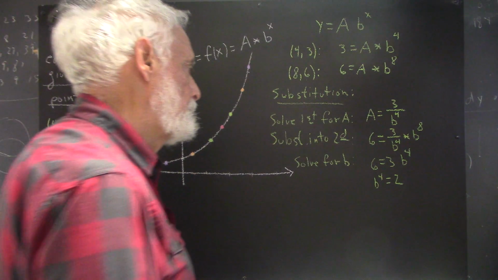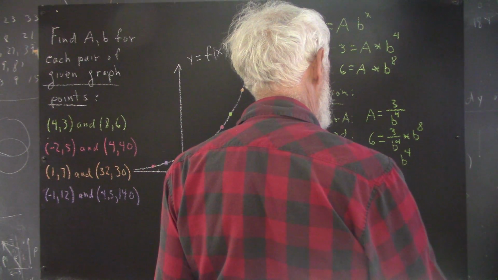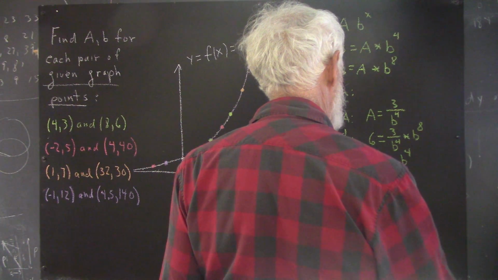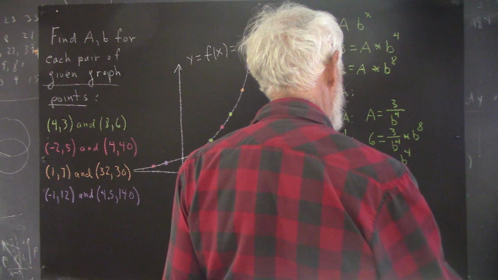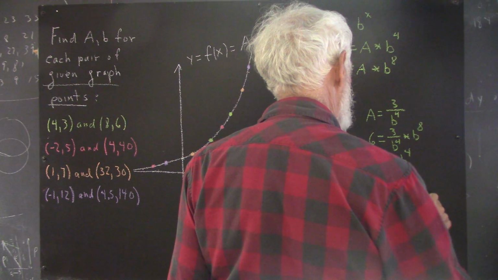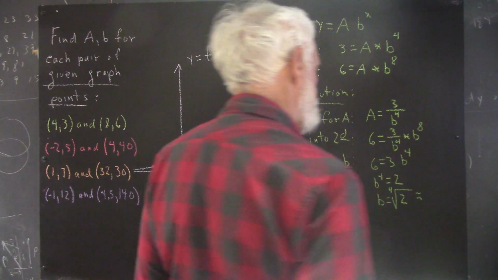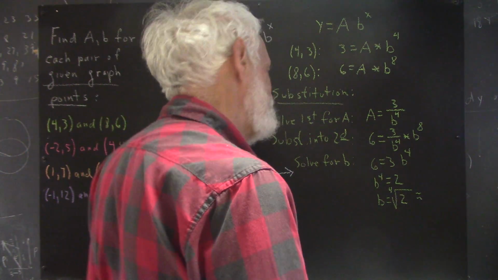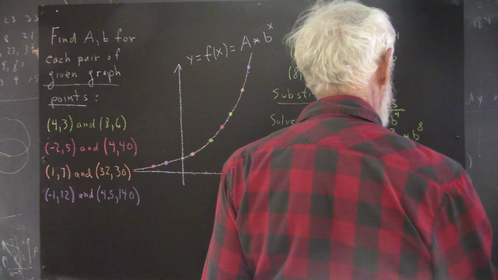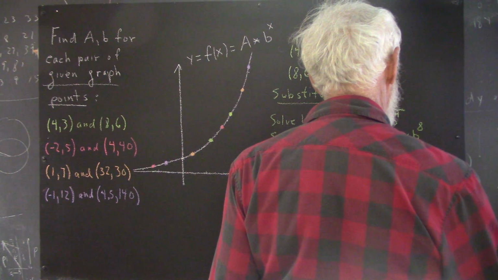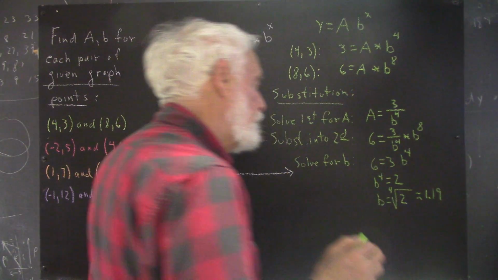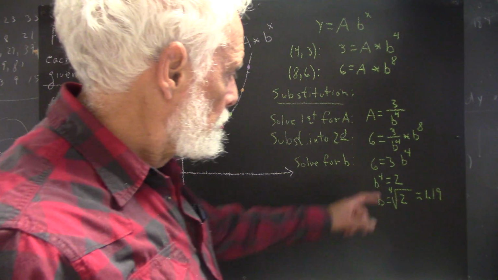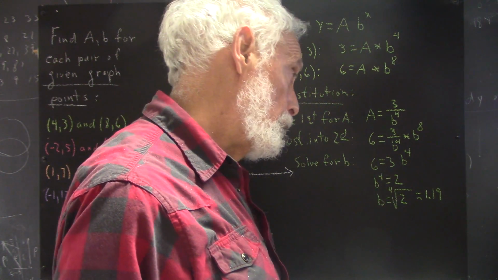And what does this give you? It gives you b equals the fourth root of 2. Okay? And the fourth root of 2 is, I'm going to estimate, pretty close to 1.2 because 1.2 squared is 1.44. The square root of 2 is 1.414.